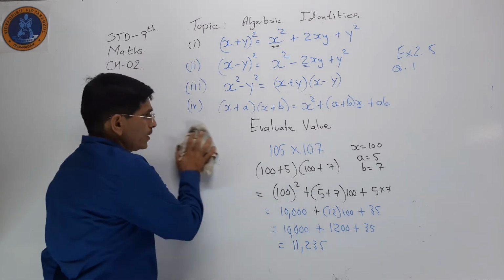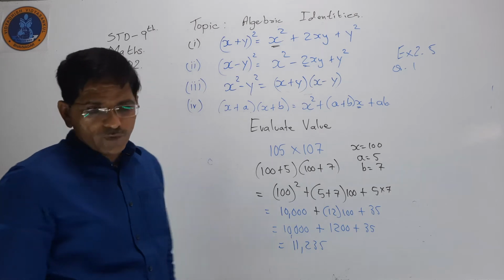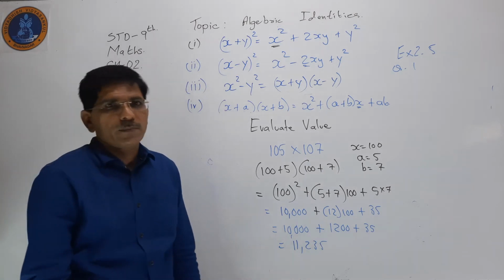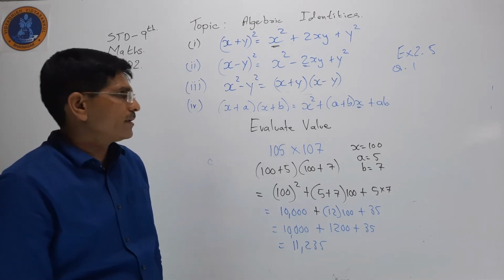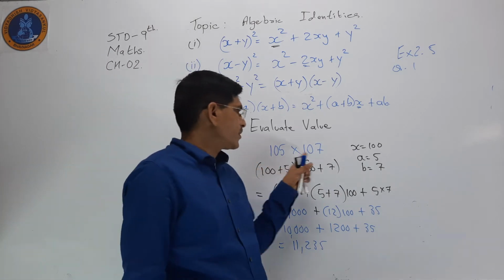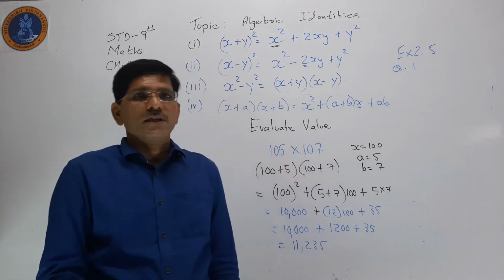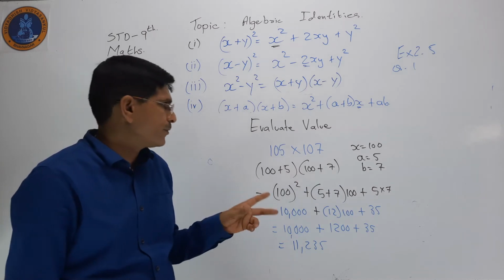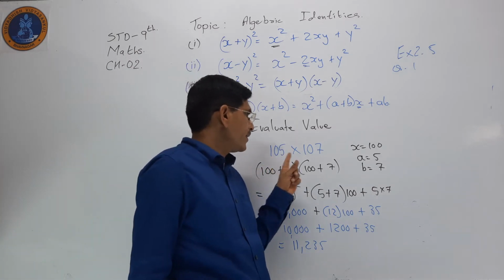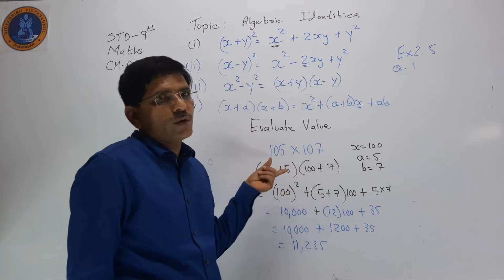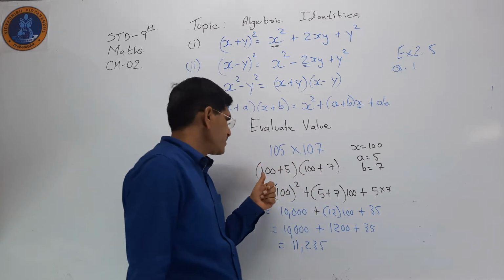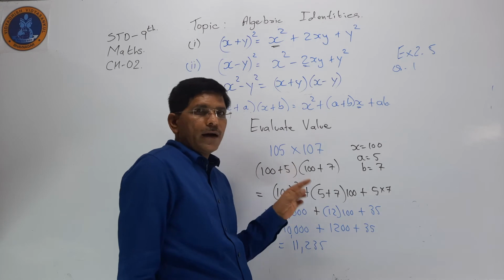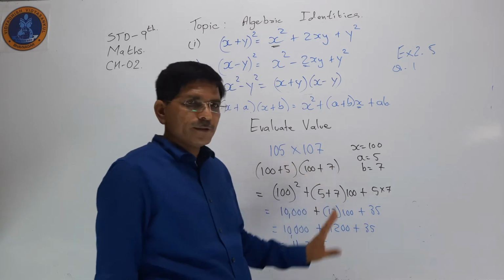Again I explained the steps to evaluate. If someone directly multiplies 105 into 107, that is not the way, and we cannot get a correct answer. What we have to do: 105 means 100 plus 5, and 107 means 100 plus 7.